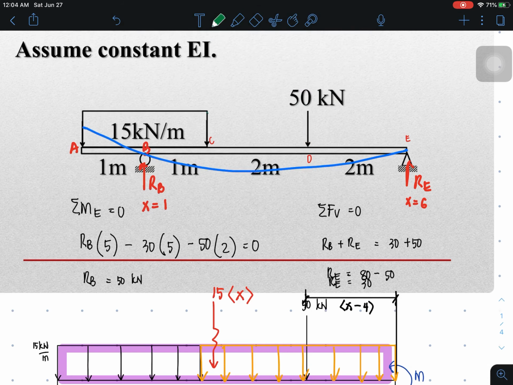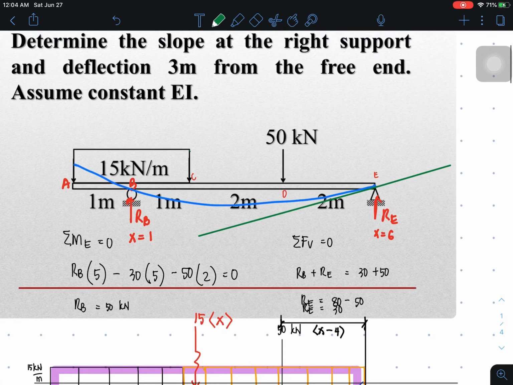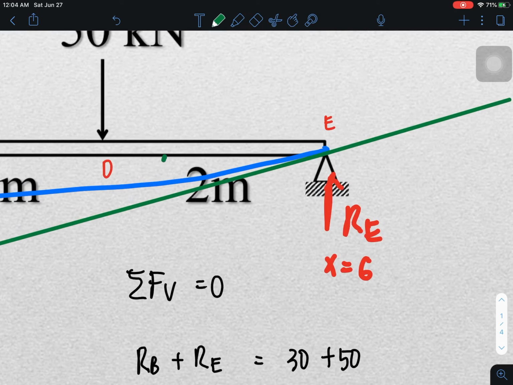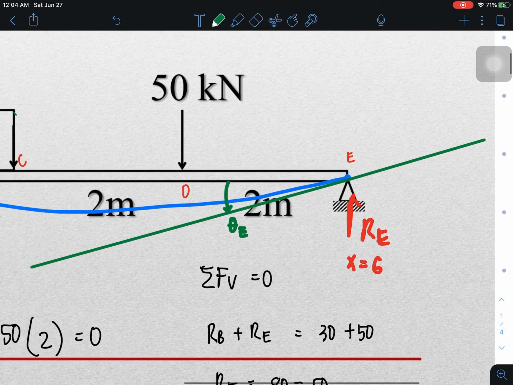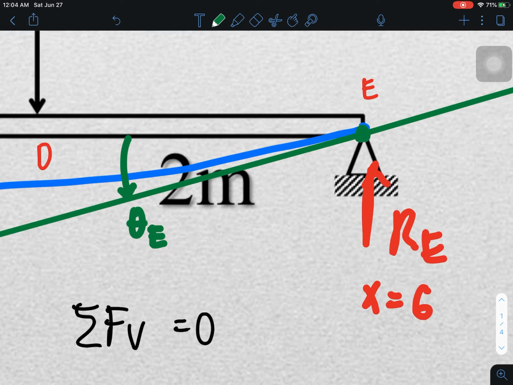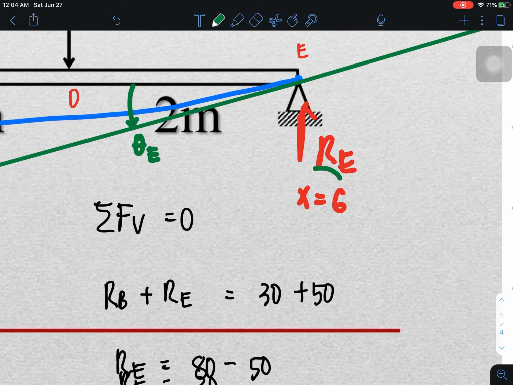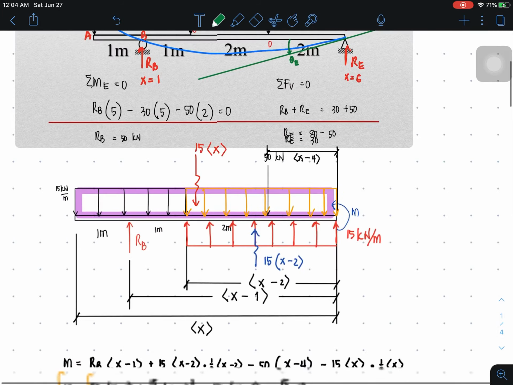So ang first ninyong buhatan kay from the tangent line. So straight line ra na sila. So that's slope at E, and we're going to use x equal to 6.